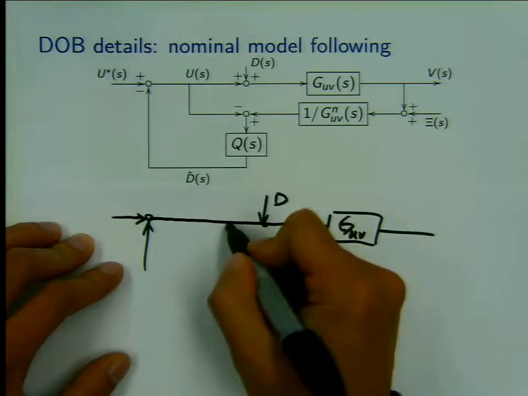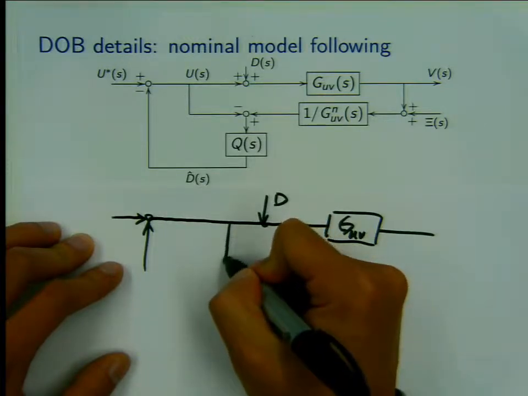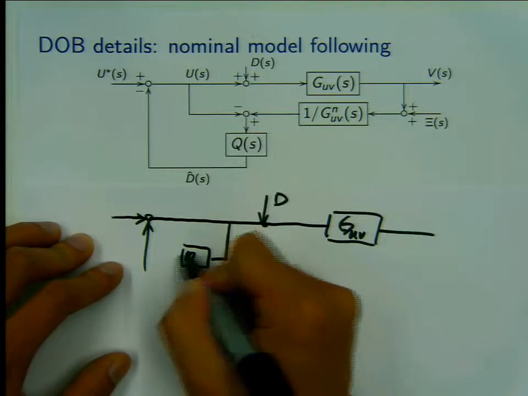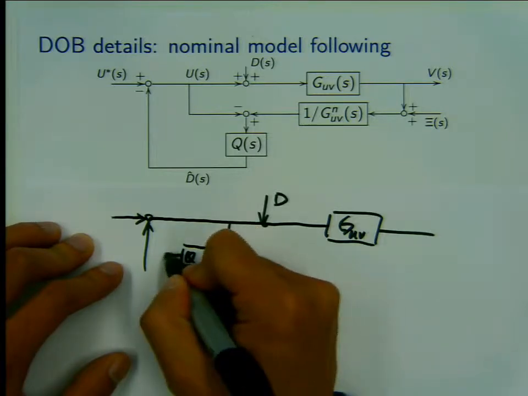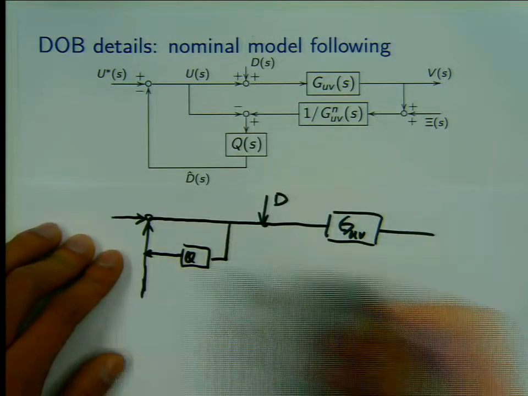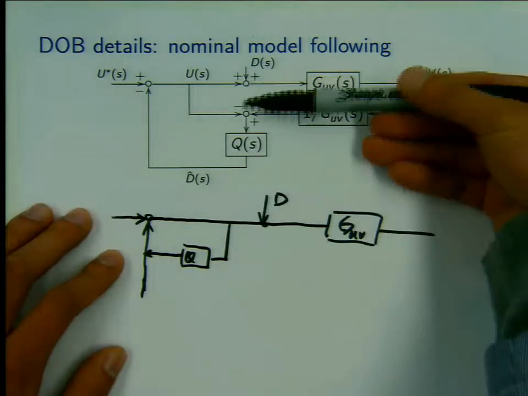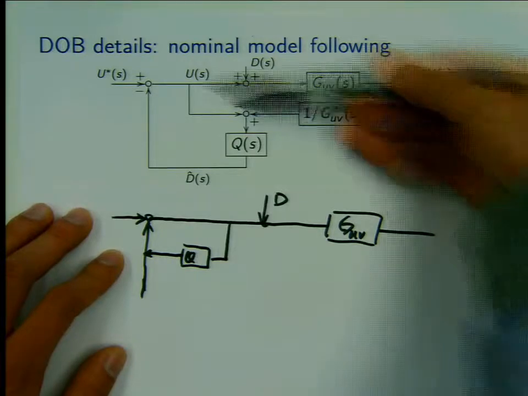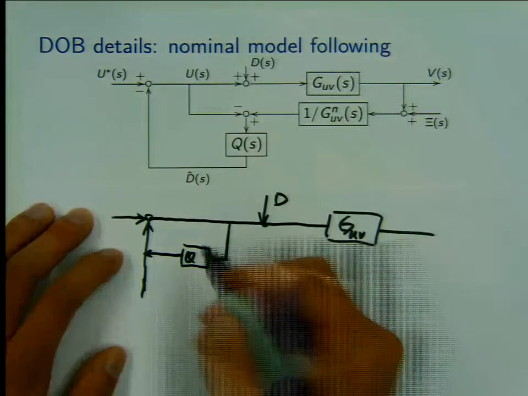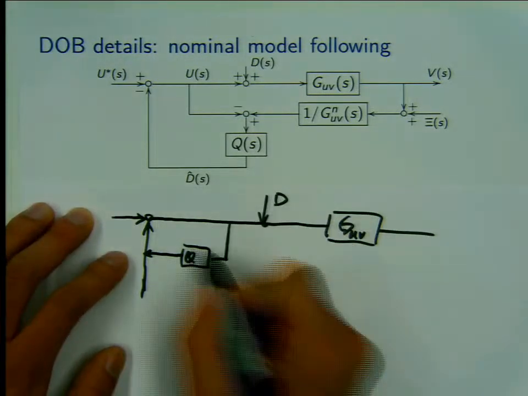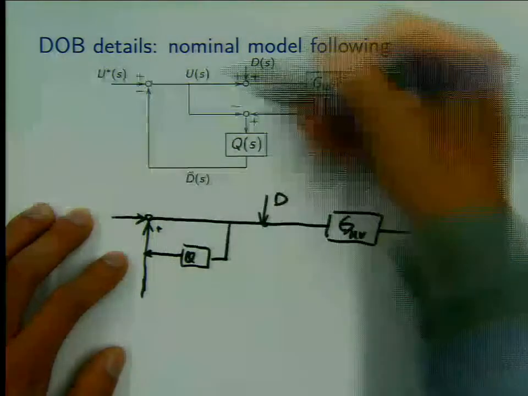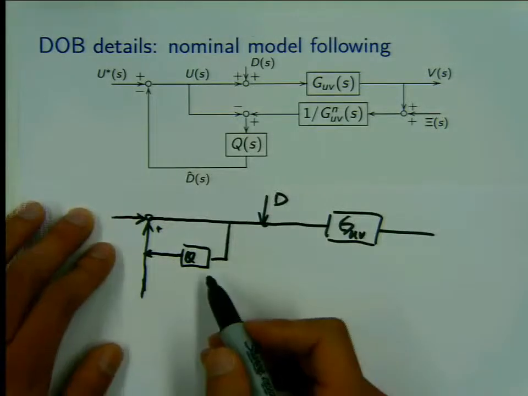So I'm going to have U going through QS, and then come back here. The signs would be, I have negative here, and I have another negative here, so in the end I have two negative signs, so I have positive feedback here.